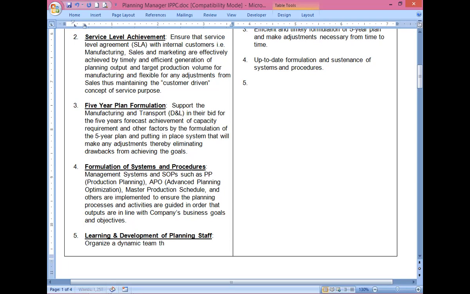That will enhance and sustain the planning process, and deliver excellent results.